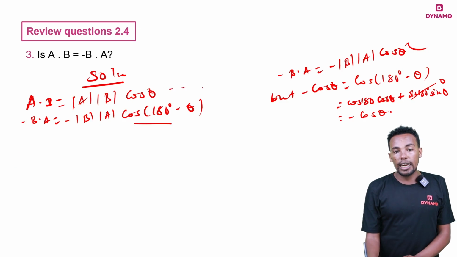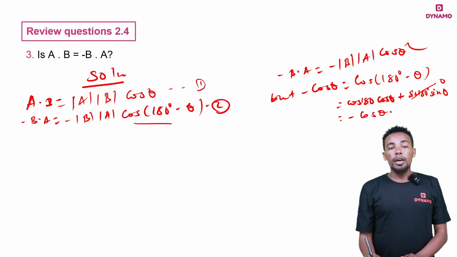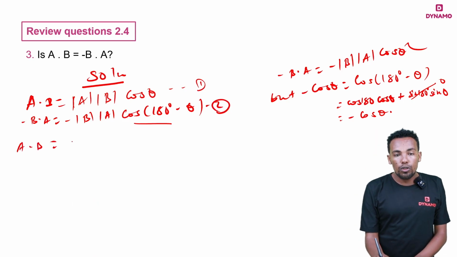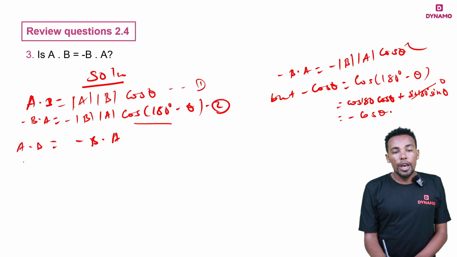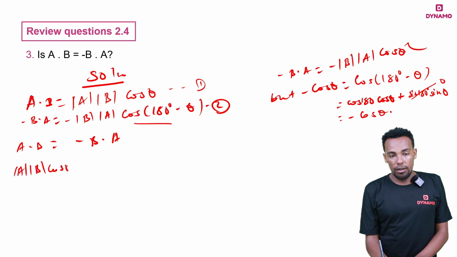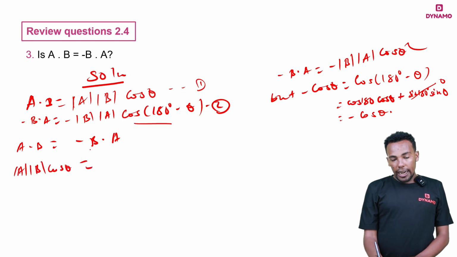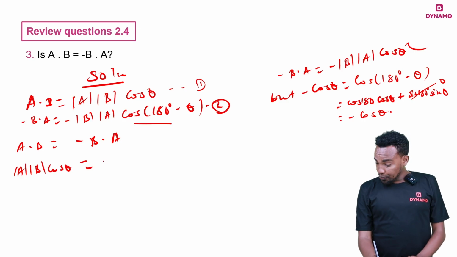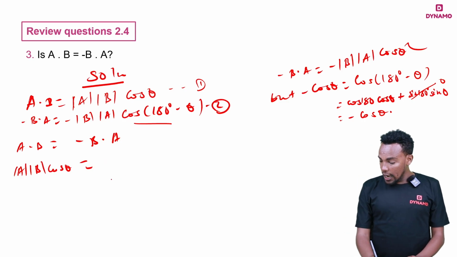Kanamma equation waan hojjenne kanammoo equation 2 hojjenne jechuudha. Relate gaafa goonu A dot B is equals to minus of B dot A gaafa goonu A dot B maalidha? Magnitude of A magnitude of B cos theta minus B dot A jechuun immoo maal jenneera? Inni kun immoo maal ta'a jechuudha?